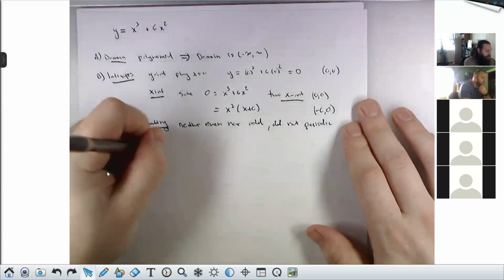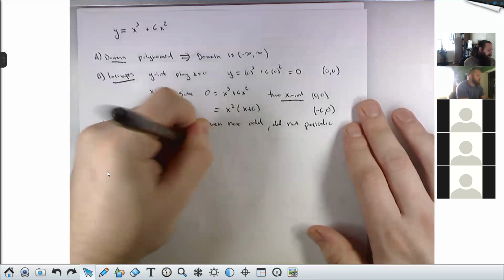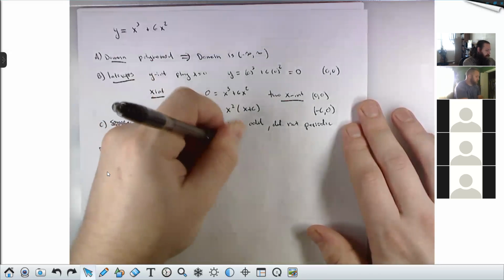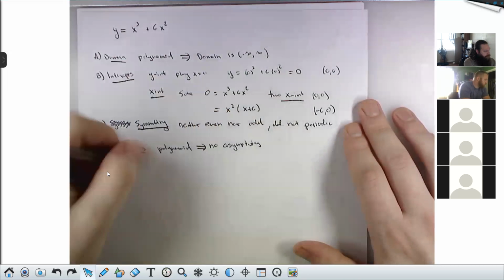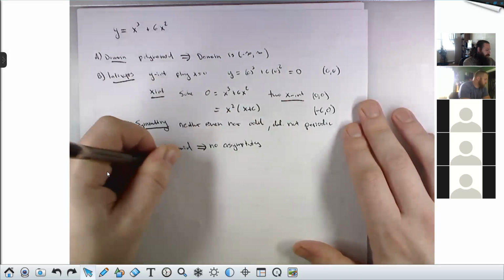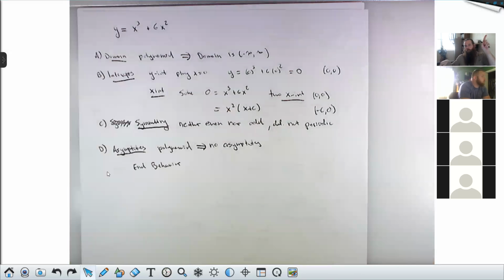Again, this is a polynomial, so it has no asymptotes. But it does have end behavior. Because it is an odd degree polynomial, it'll go up on one side and down on the other. It's an odd degree and the lead coefficient is positive.